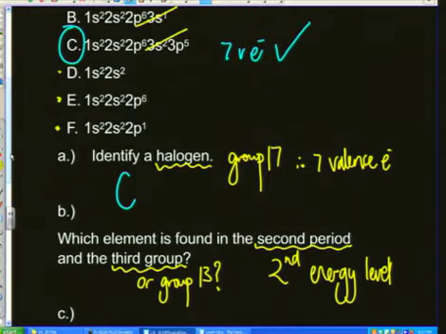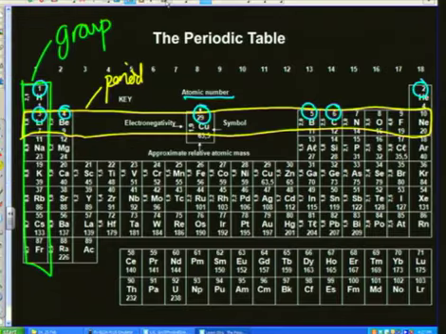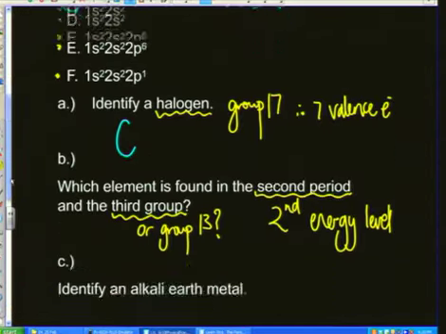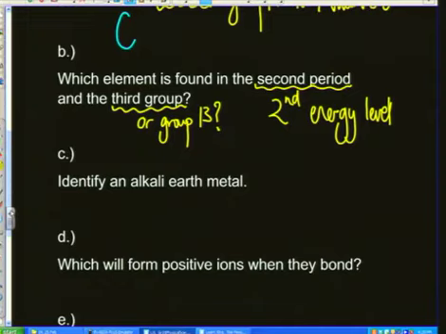Now I need to come across. Where would D fit in? D would fit in 1s2, 2s2, which means, and I'm going to jump across here, it would fit in 1s2, 2s1, etc. Let's keep going. It would be the third group.